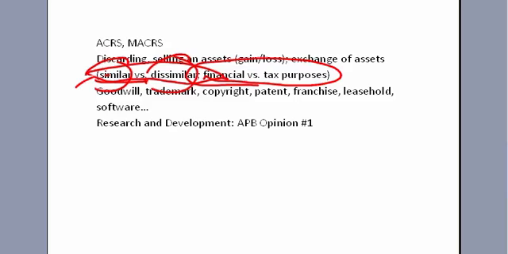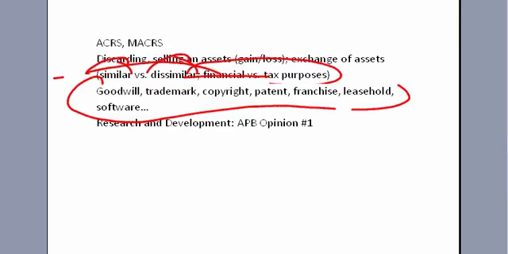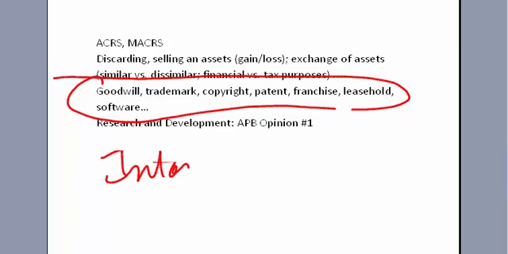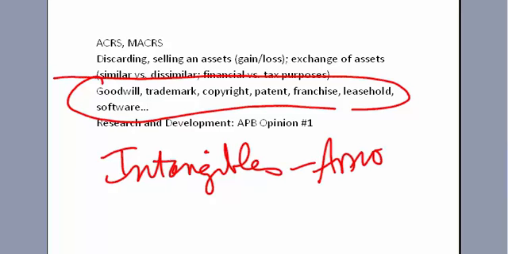And then the last two items here: goodwill, trademarks, copyrights, patents, franchise, leasehold, software. Those are all items you should read in your book, but these are all examples of our intangibles. And the idea here is they're assets and that we need to amortize them over time. So we need to expense them.